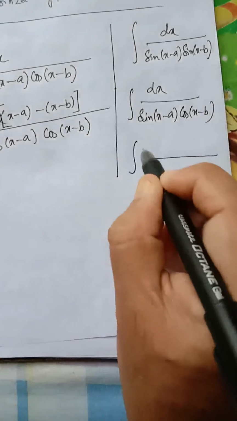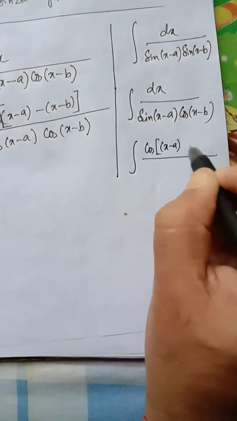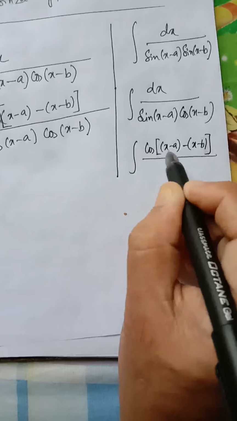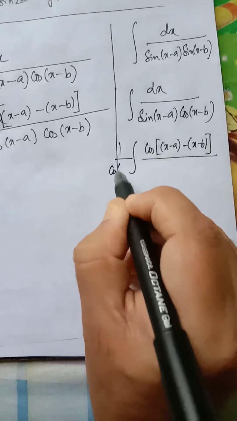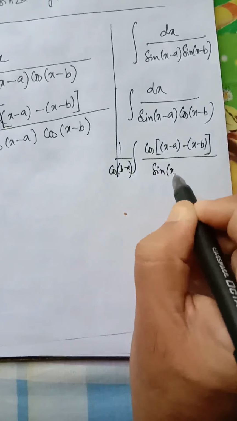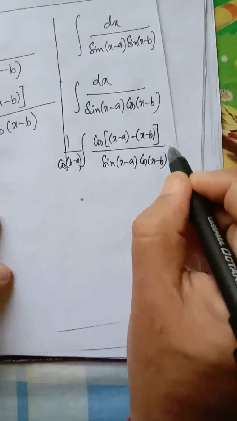In that case, we will write the numerator as cos((x − a) − (x − b)). You can see this is now cos(b − a), and to adjust here we have to write cos(b − a) by sin(x − a) cos(x − b). Okay, I think this is clear.